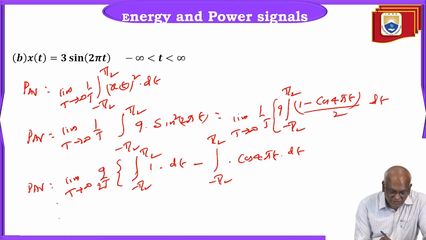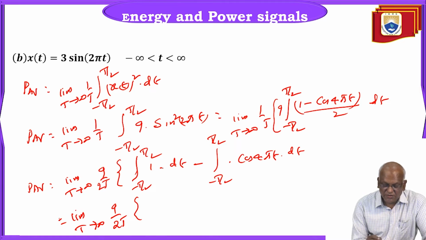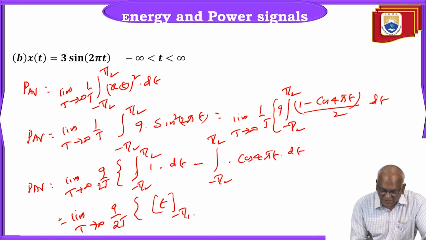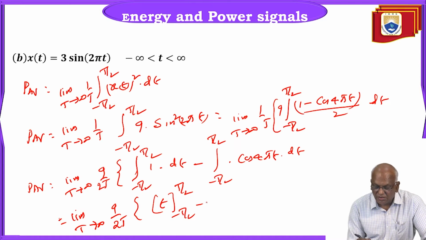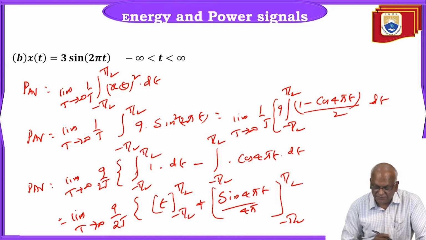For this case, the limit as t tends to infinity of 9 by 2t, in brackets, the integral of 1 dt equals t with lower limit minus t by 2, and the cos function becomes a sine function, sine of 4 pi t divided by 4 pi, with limits minus t by 2 to plus t by 2.